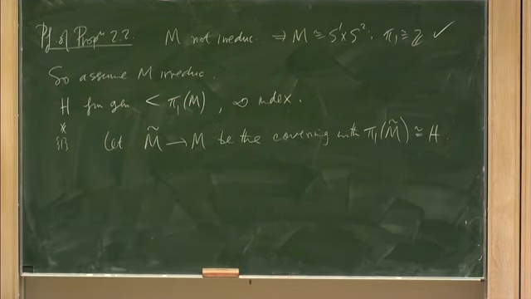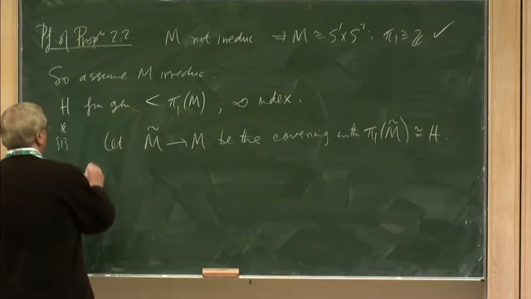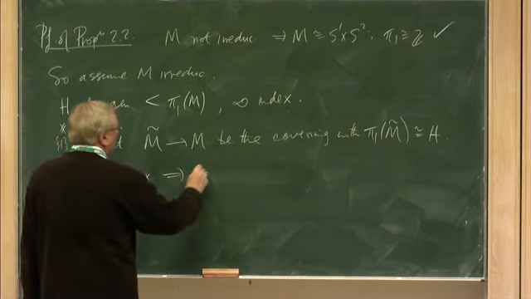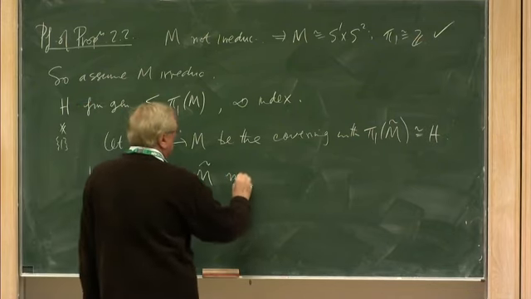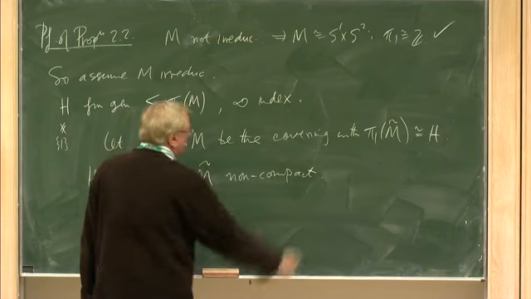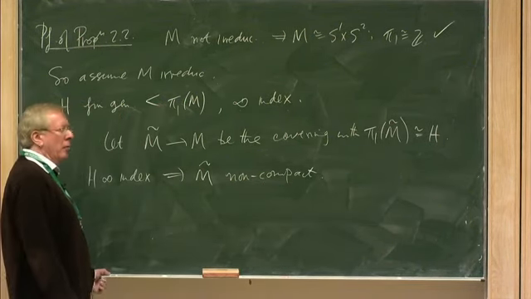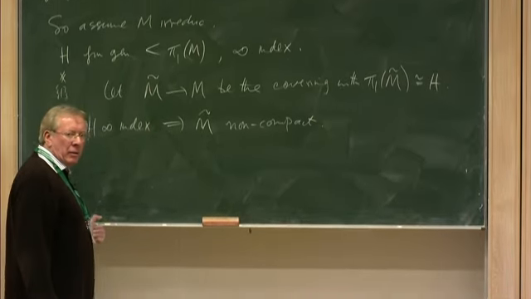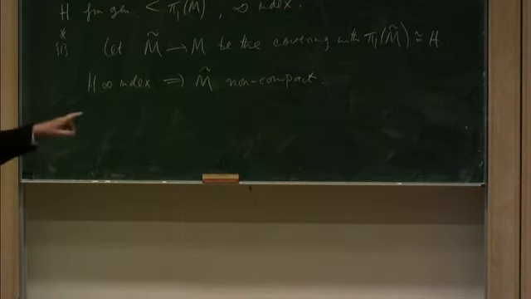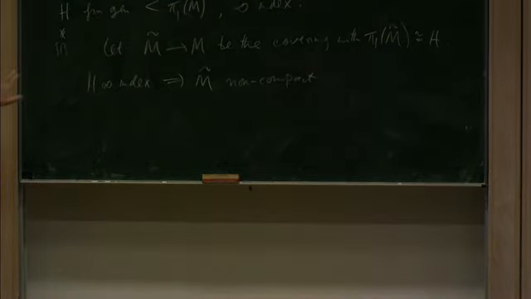So let's notice infinite index. We need to use that. Infinite index means that M tilde is non-compact. Okay, that's the first thing to notice. Now the second thing is that pi 1 of M tilde is finitely generated.